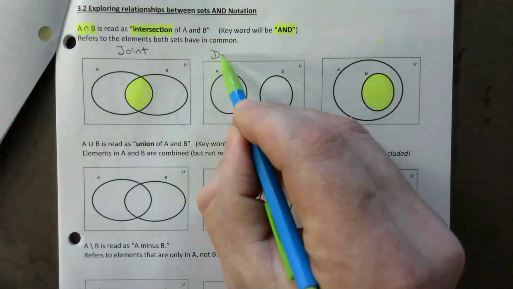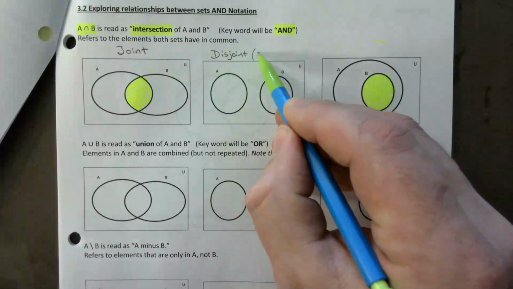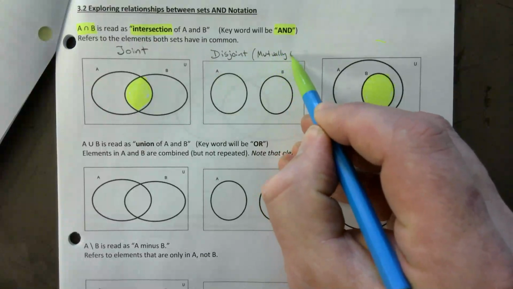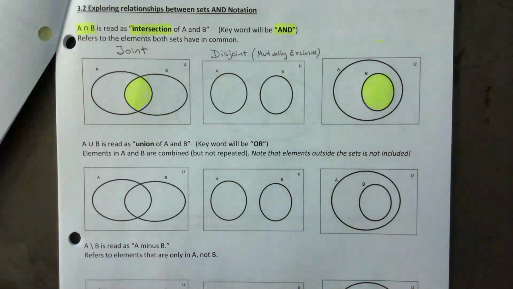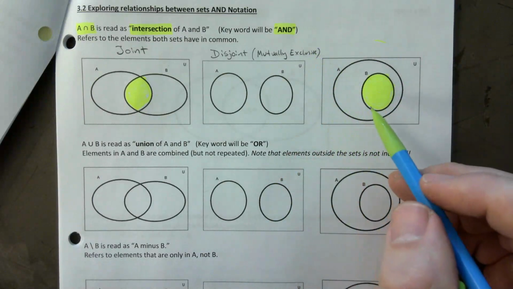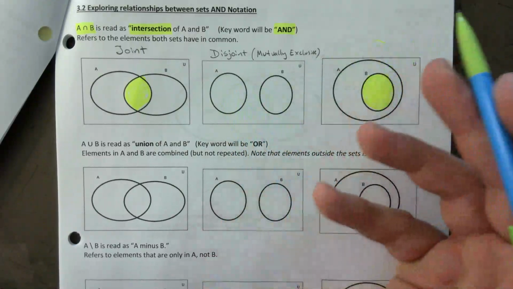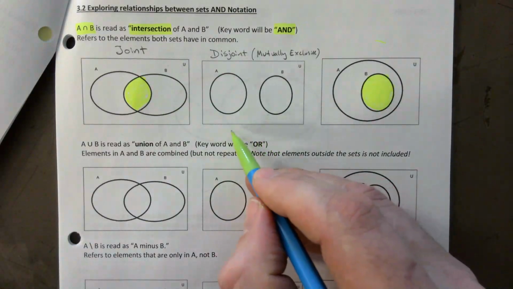This is when the sets are disjoint. They're called mutually exclusive. It's kind of like your red cards and your black cards. There's nothing that they share, right? So maybe I will add that here.